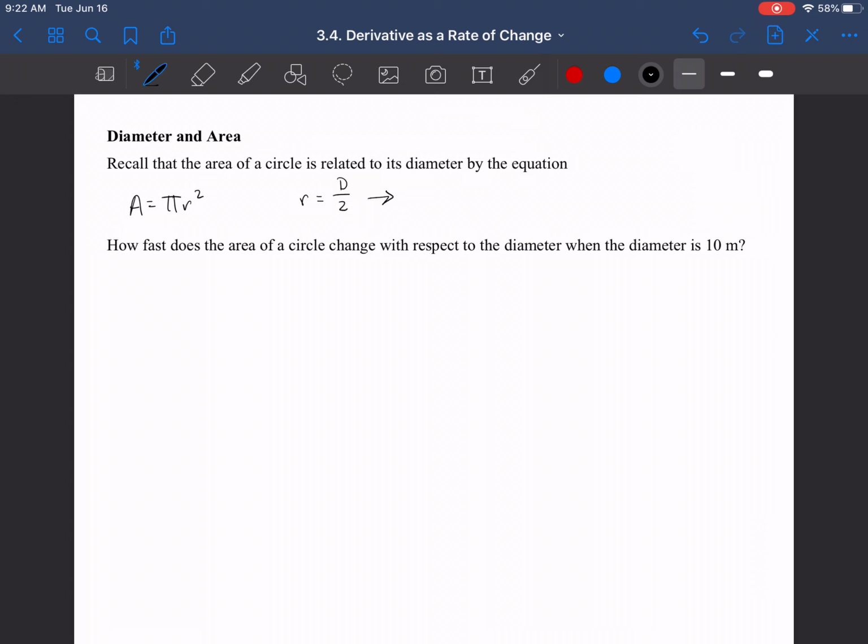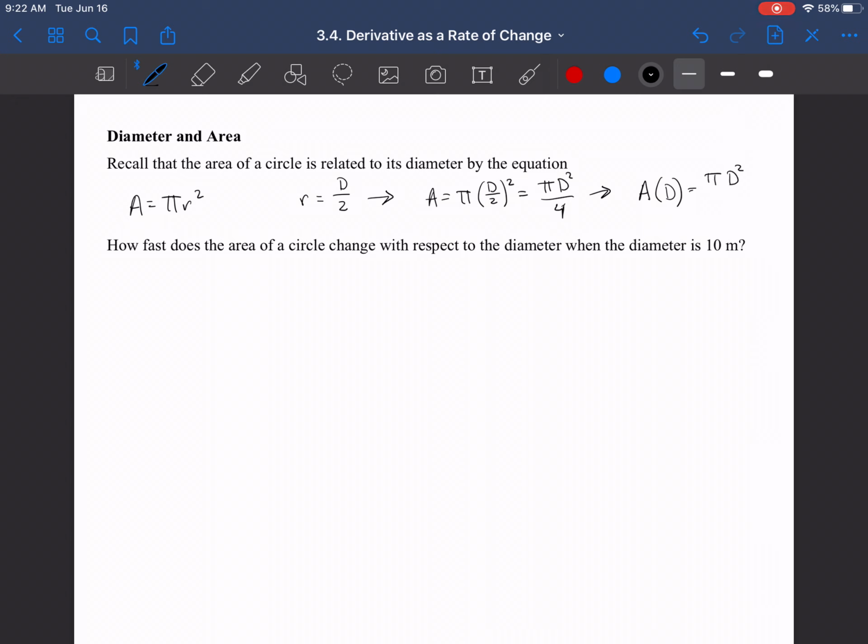So we can take that and say that the area is equal to pi times the diameter divided by 2, squared, which is pi d squared over 4. And that gives us the area of a circle as a function of the diameter.